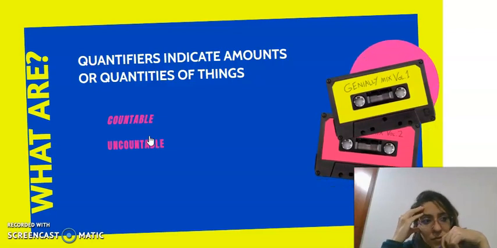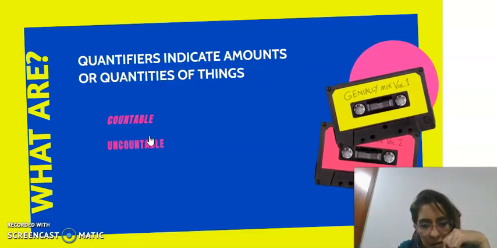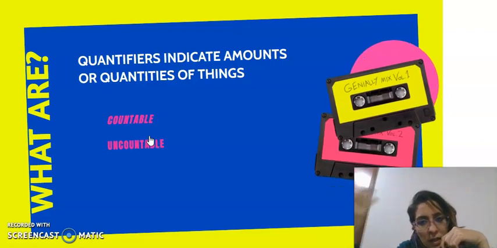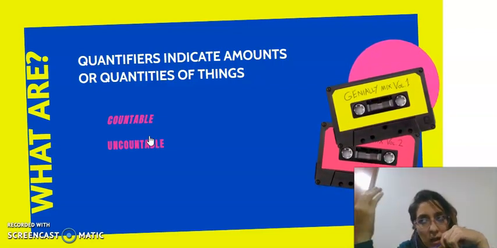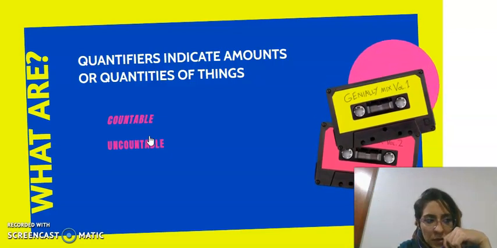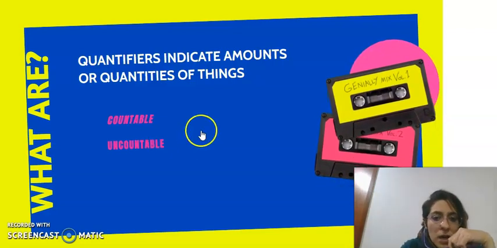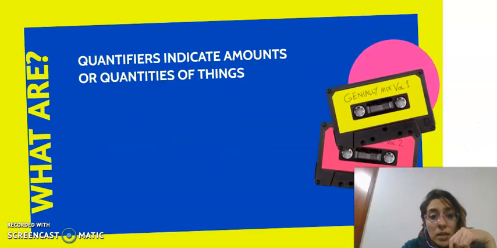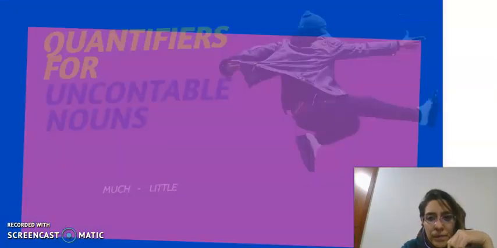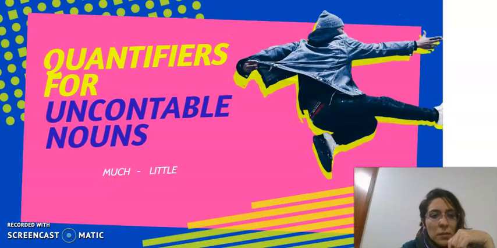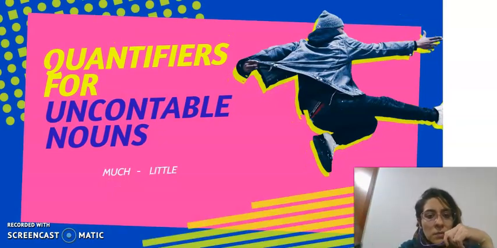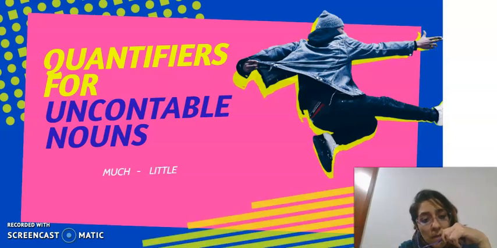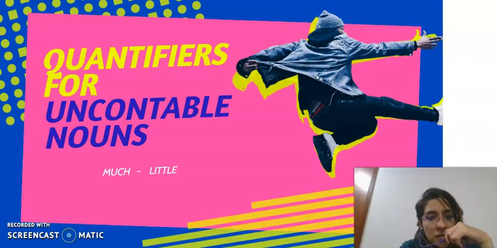You have to know if the noun that you are describing a quantity for is uncountable or countable. If you know that, obviously, it's going to be easier for you to use our quantifiers.